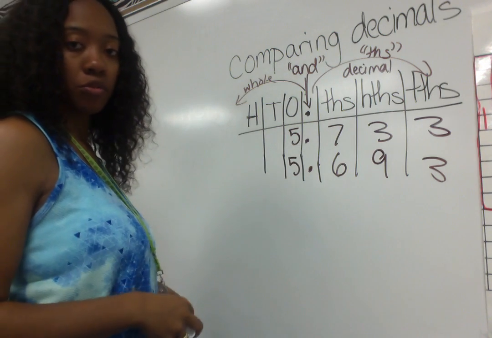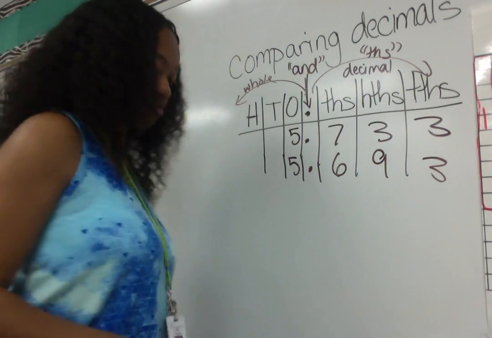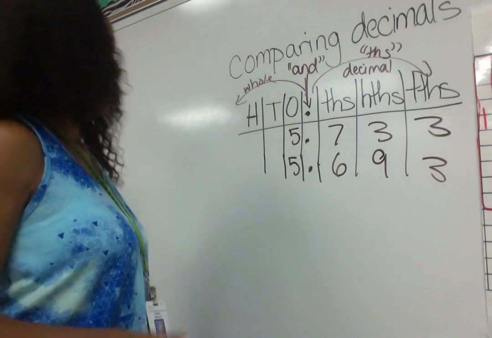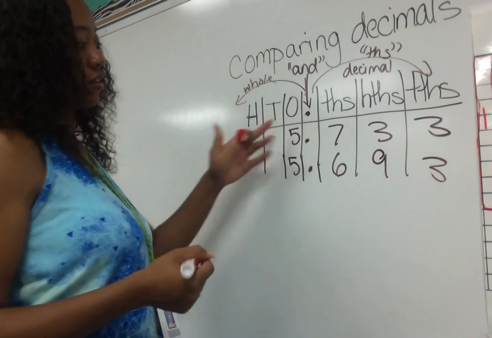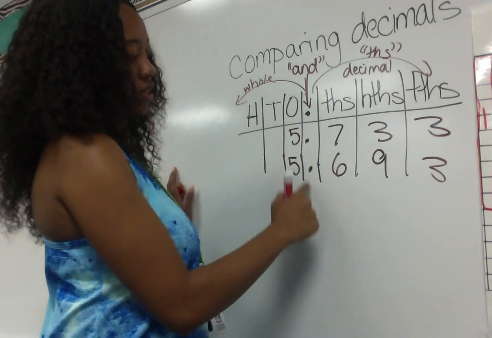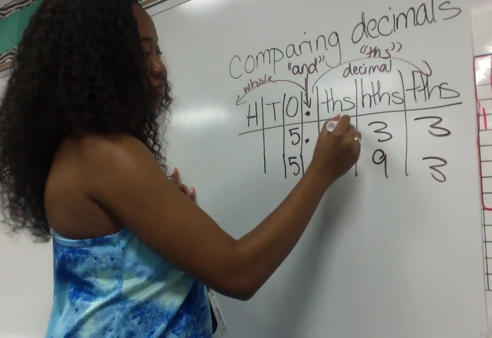Now, just like with whole number place value, you can look at each individual place value and compare. I have a 5 in both, so I can't compare there. Keep my decimal. Right here is our first change.